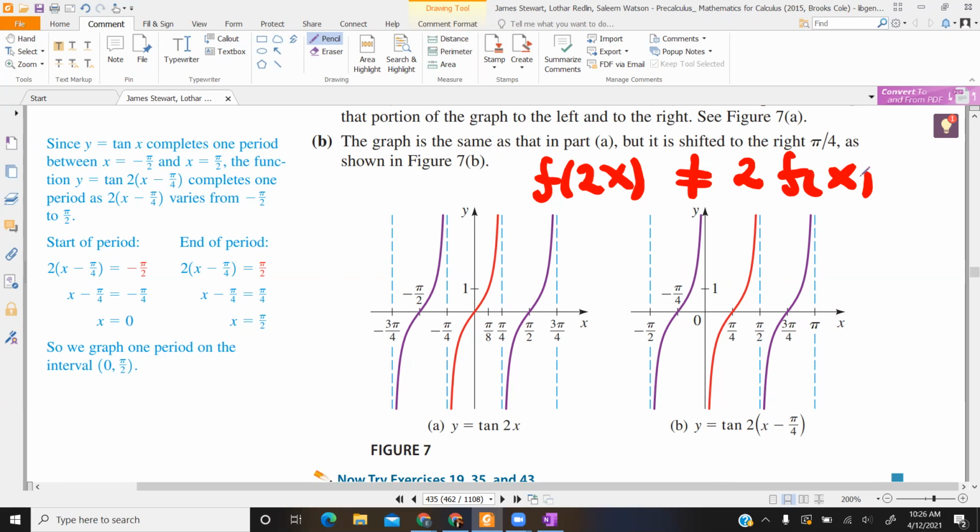But 2 times f of x is, you're taking every output, so you plug in an x, you get an output value from the function, and then you stretch it. That will correspond to a vertical stretch. If you were to overlay tan x and tan 2x, the tan 2x graph would be a little wider.